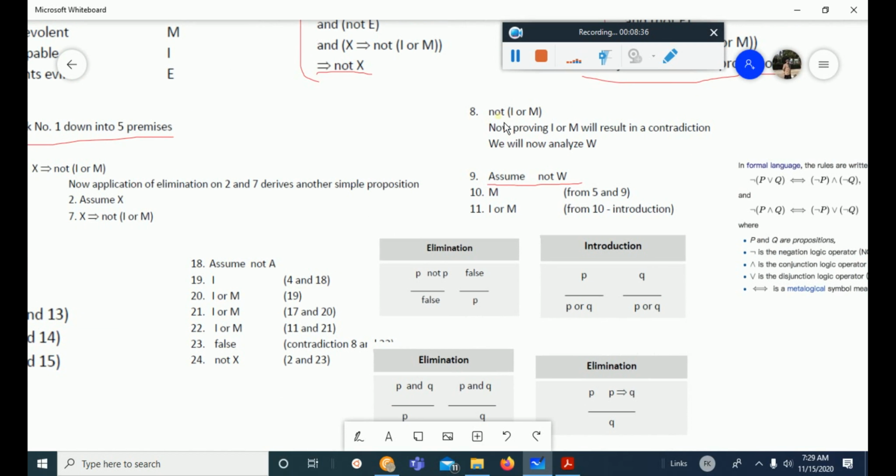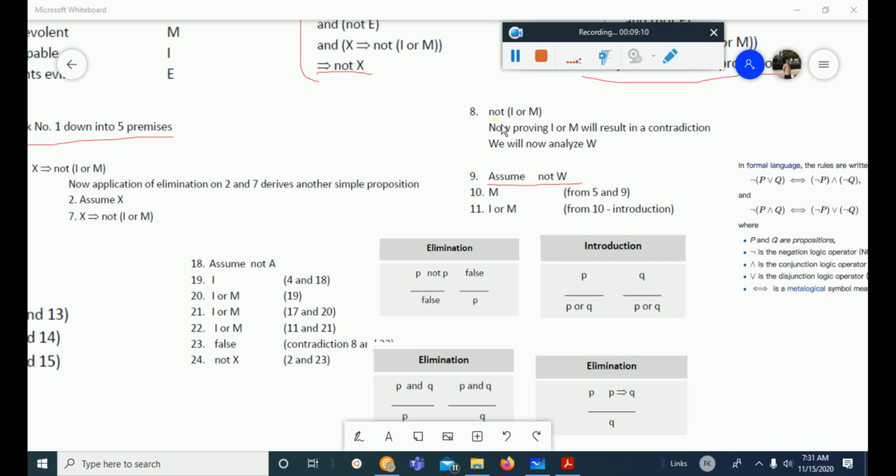So in 8 we have got Q, and Q is not I and not M. Now proving I or M will result in contradiction.